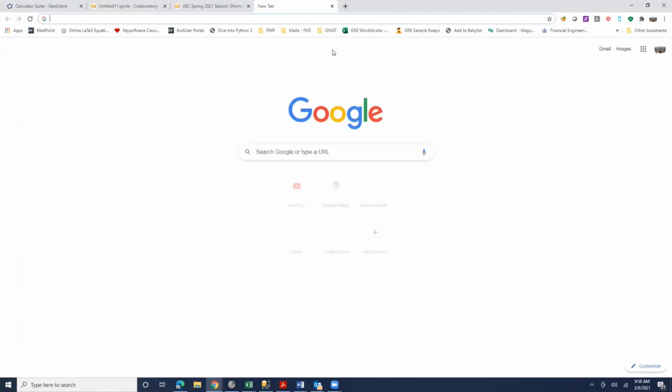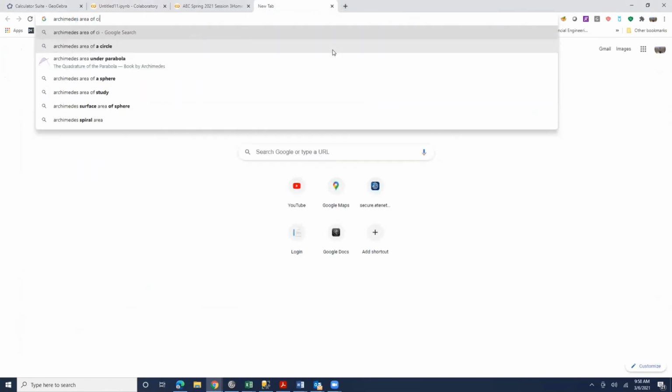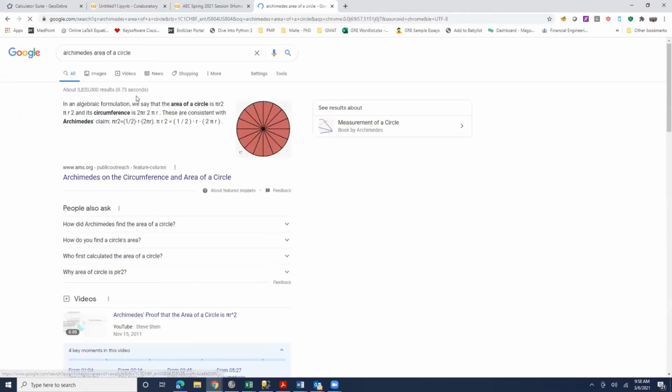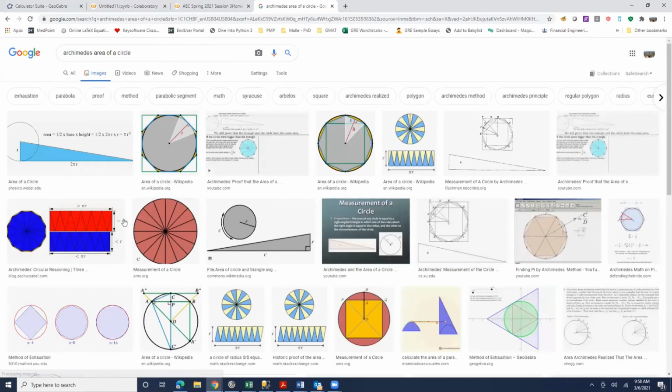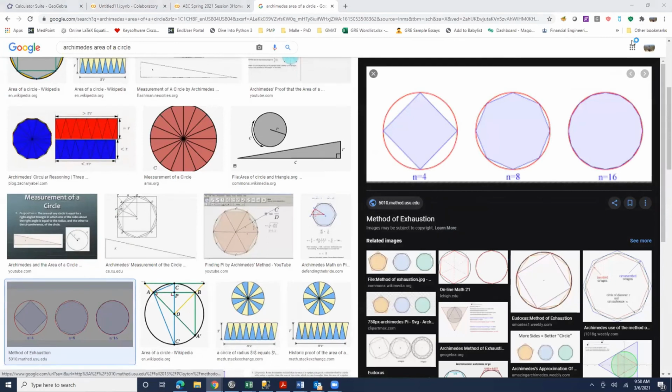So what they did is, Archimedes, let me see if I can find a nice diagram that illustrates this. Yeah, this method. It's called the method of exhaustion.